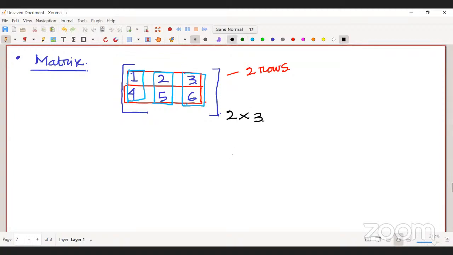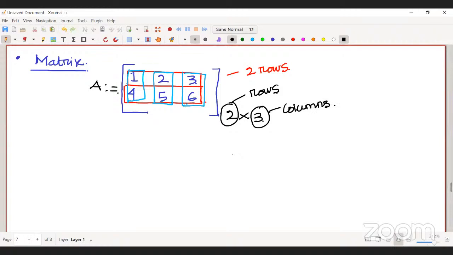Let's say this matrix is A. This matrix is of order 2 cross 3. In this notation, the first number represents the number of rows, and the second one represents the number of columns.